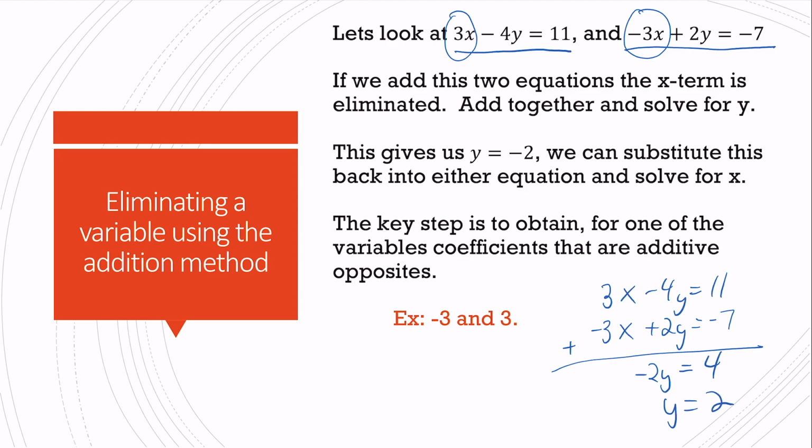Now, much like with substitution, we could plug this back in to either equation and solve for x. And the key step to solve a system of equations by elimination is to make sure that two of your variables are additive opposites so that you can add them and they will cancel out. They'll go away to 0, like we did here. This gave us 0x.